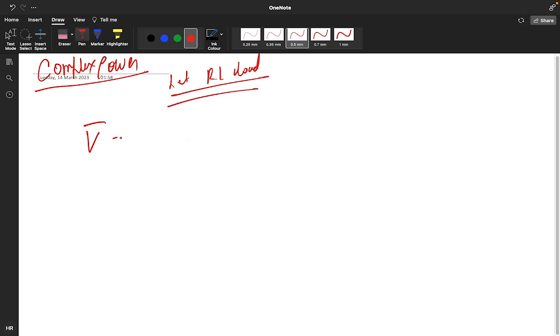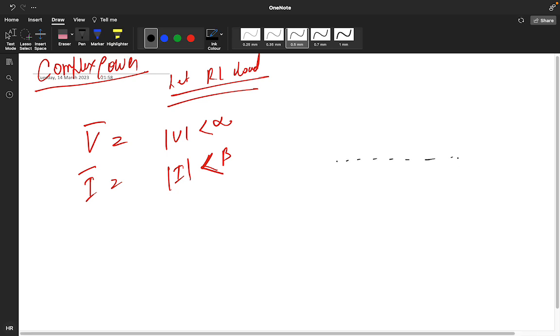So if we have a V phasor, V at an angle alpha, and an I phasor, that is I at an angle beta. If you want to draw this particular diagram, this is your reference. So where will the V phasor be? V will be at an angle alpha. And where will the I phasor be? I will be at an angle beta.